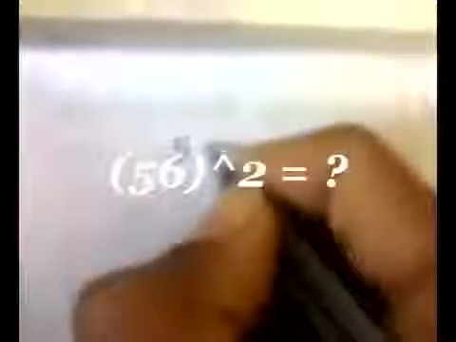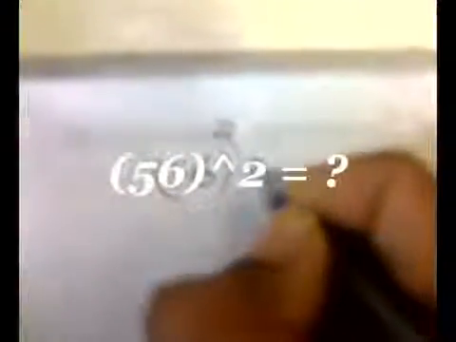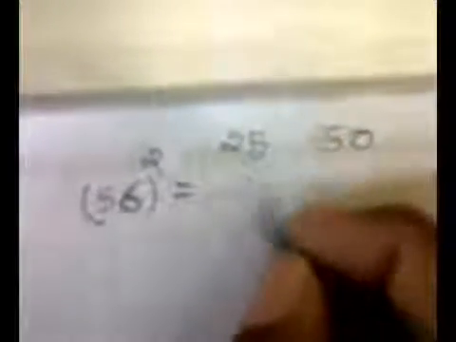We'll take another example. Let's make the square of 56. Okay, so we'll take 25 and 50 as a base. So the first step is the difference between 56 and 25, which is 31, correct?